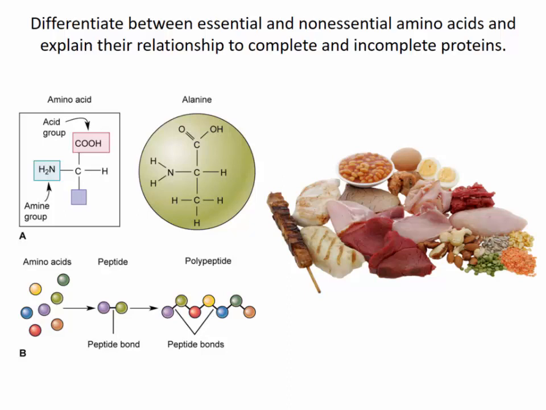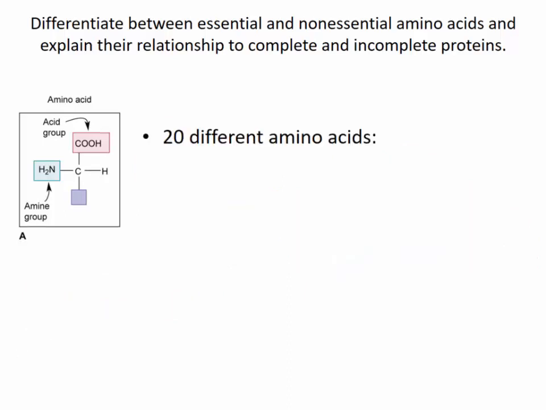We eat that food, we digest it, and then we take those amino acids and build them up into polypeptides, into proteins. However, as we mentioned earlier, there are 20 different amino acids. They all differ from each other from the R group, the purple portion shown in the image of the amino acid. There are 8 essential amino acids and 12 non-essential amino acids of those 20.